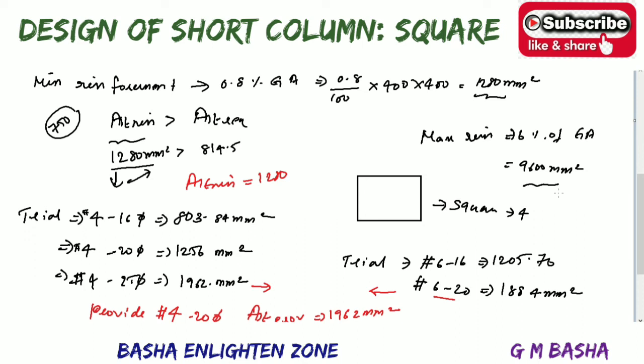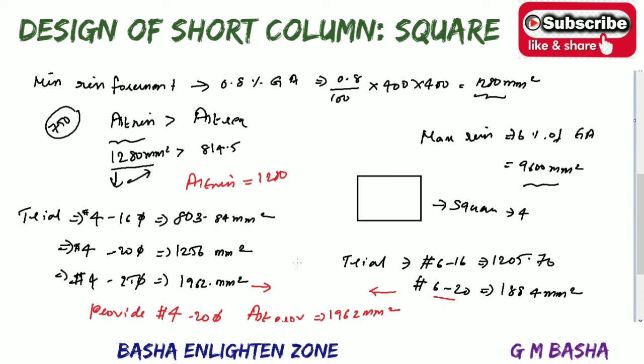For example, in multi-story frames, based on heavy load conditions, we can provide some more reinforcement in that column, but at any cost, for these particular column dimensions, it does not exceed 9600. That is the reason you should always check the limits and provide the reinforcement within the limits.